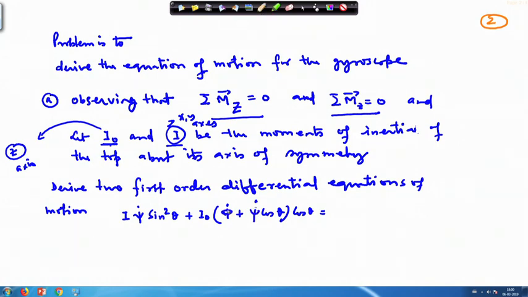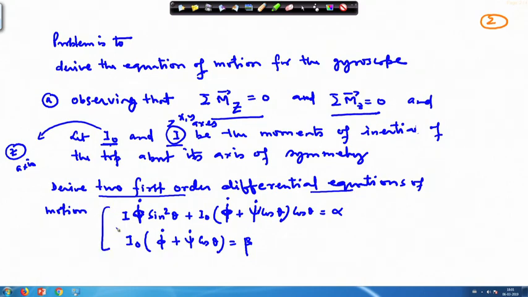This is psi dot, and this I will write as phi dot, and this also as phi dot. So, these are the two first order differential equations that you need to work out.